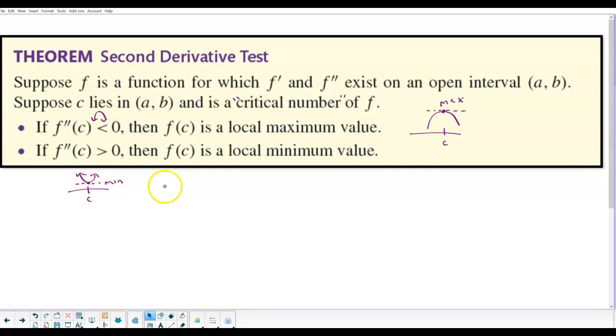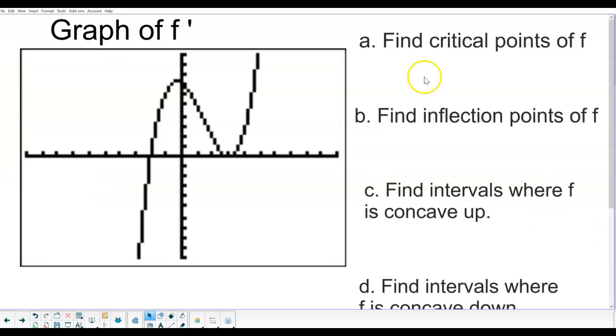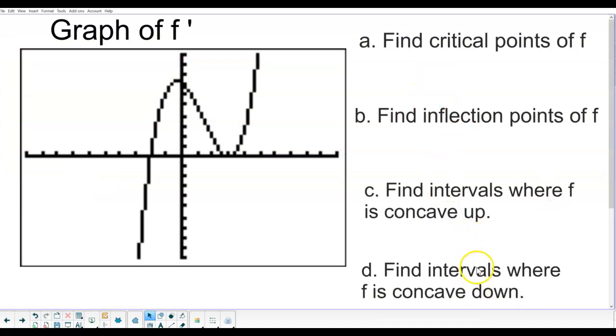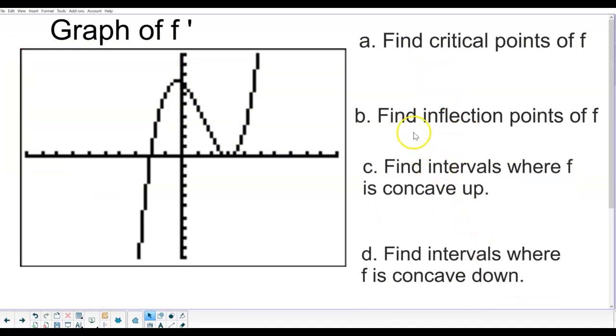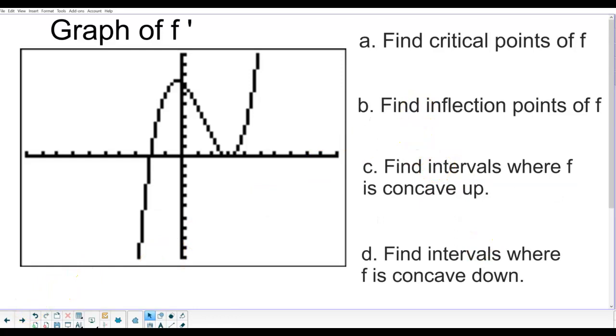So that's called the second derivative test. It's a pretty quick way to determine if we have maxes and mins, but it all relies on if we know that we have a critical value or a critical point. All right, I'd like you to pause the video and try this one, and then we'll go over the answers.